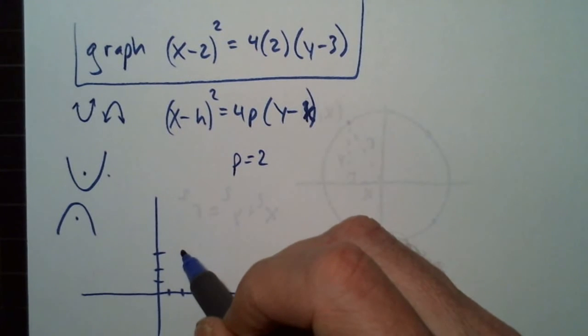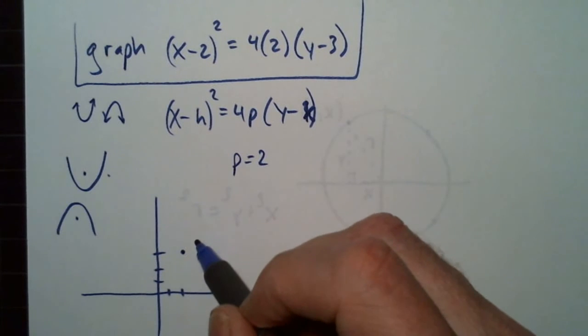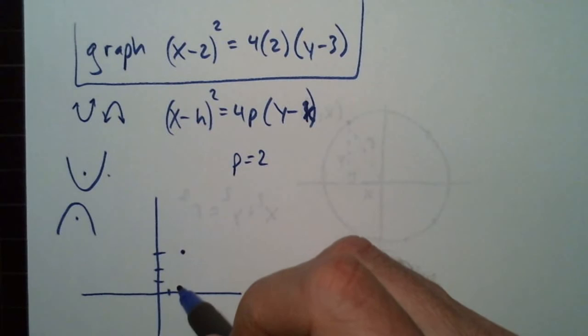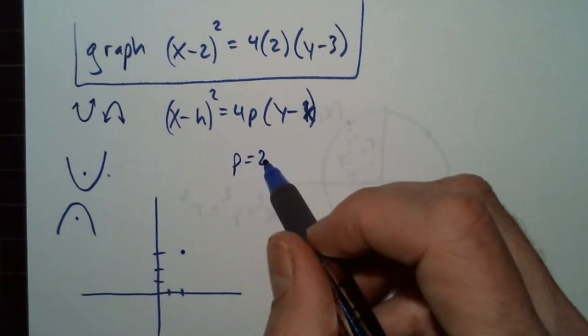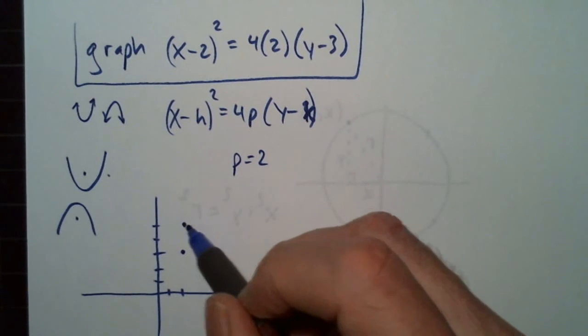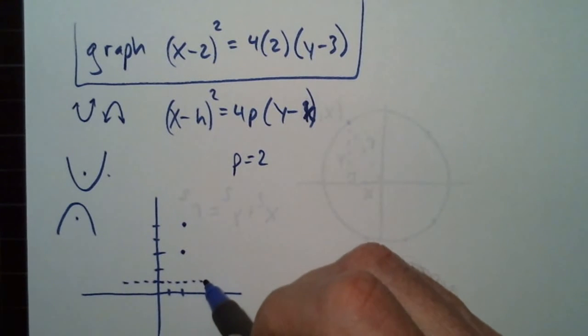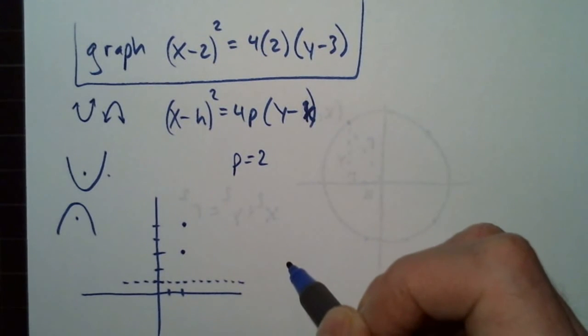So if that's the vertex and the parabola can either go up or down, then we know that the focus has to be on a vertical line here. We're going to move up 2 to the focus, and then the directrix is the same distance in the opposite direction.